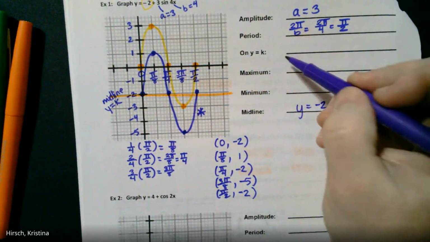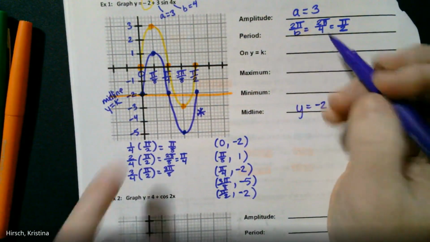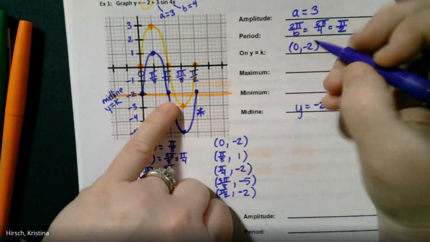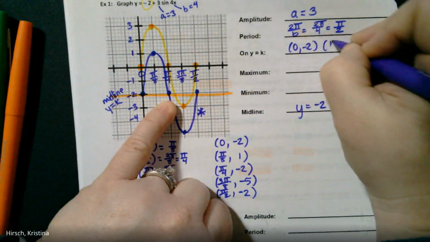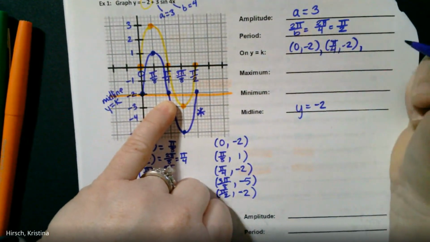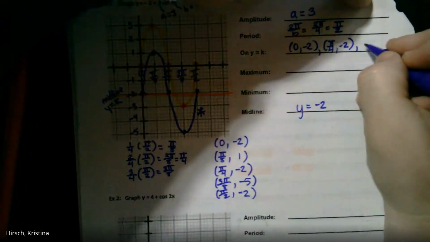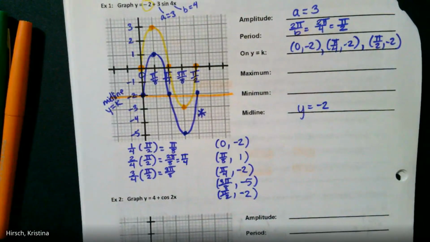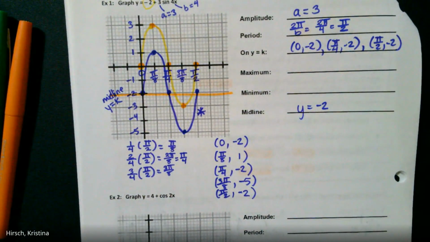So what are the values on y equals k? Well, on y equals k, you have 0, -2. You have pi over 4, -2. And you have pi over 2, -2. Okay, so 3 critical values. Now notice I didn't call them x-intercepts because they're really not x-intercepts, okay?